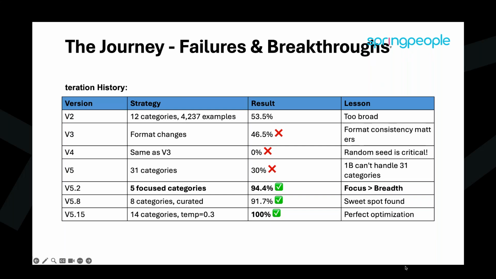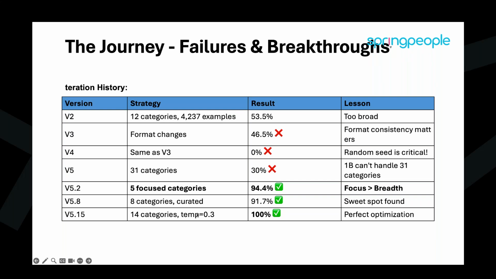When I say 100 for those 14 categories which I talked about, what was important was that I kept my temperature controlled. The randomness can be controlled by temperature, top P and top K. I noticed that if I bring the temperature to 0.3, that means making it more deterministic, I would hit nearly 100.